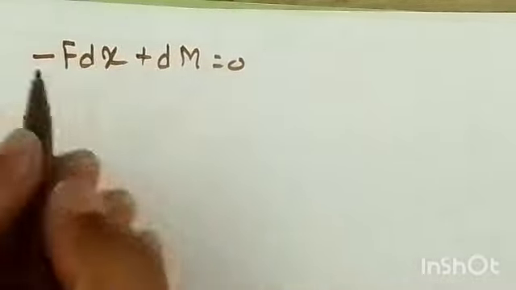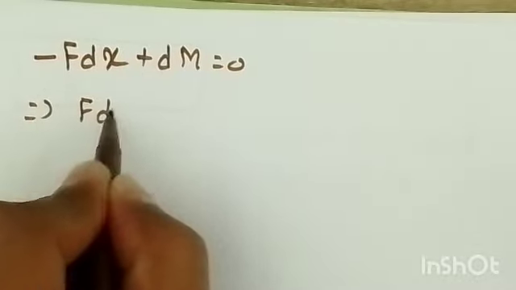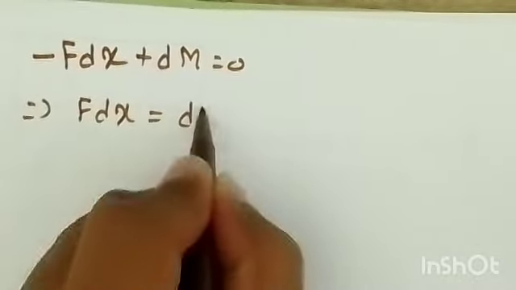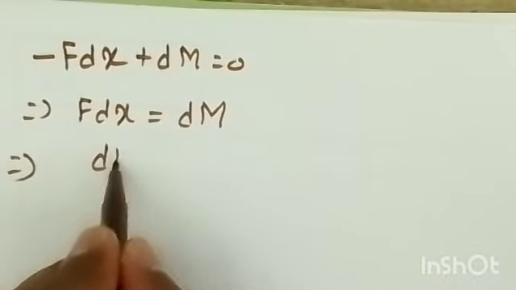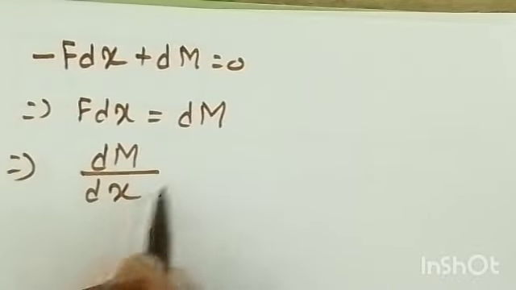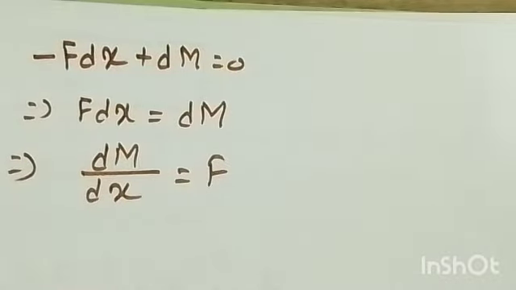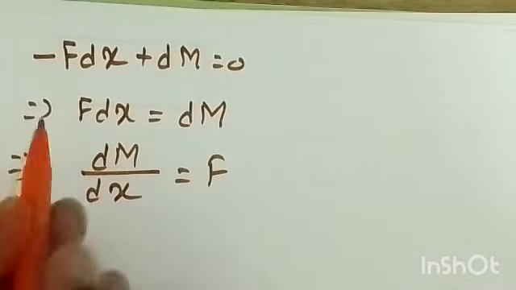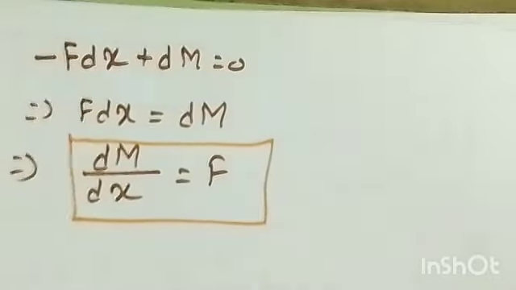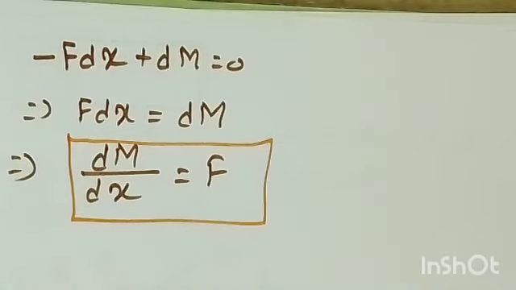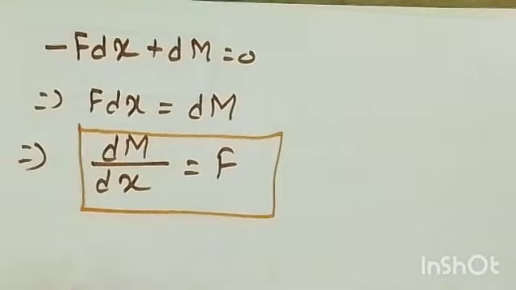When you bring it to this side, minus minus gets cancelled. So F dx is equal to dM. Then you can say dM by dx is equal to F. It means the rate of change of moment is nothing but the shear force, right? So the above equation shows that the rate of change of moment is equal to the shear force.